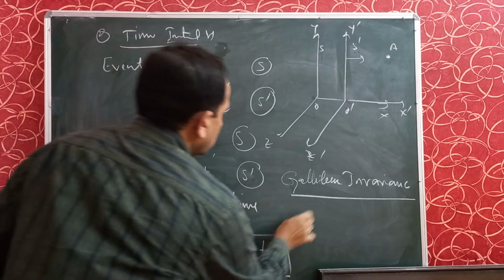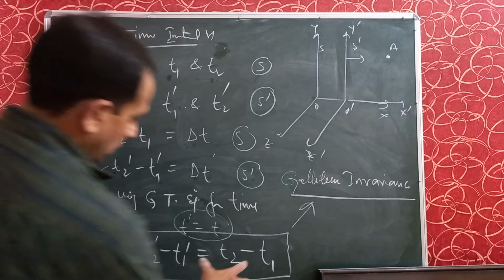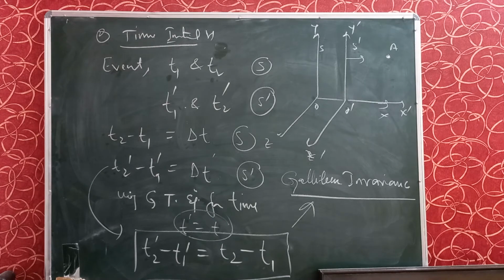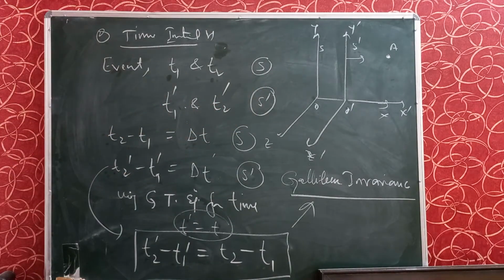It means the parameter which does not change with respect to the S and S dash frames is called invariant, which cannot vary. So this is the second: time interval is also Galilean invariant.